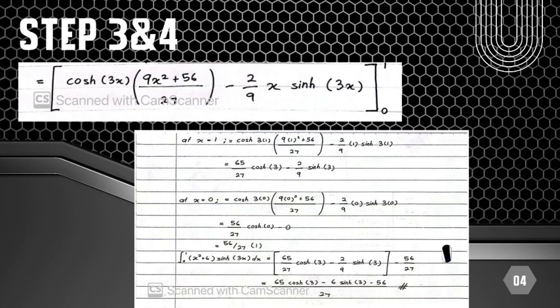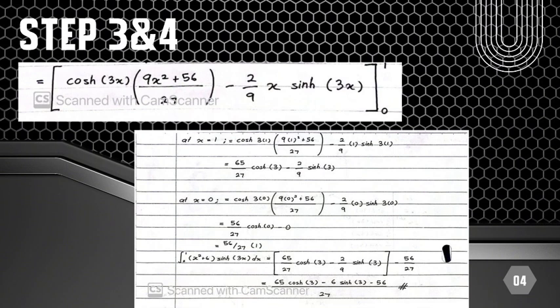Once you have followed on, substitute and expand the equation. You have to factorize cos 3x. After that, bracket the whole equation and put limit 1 on top and limit 0 on the bottom.